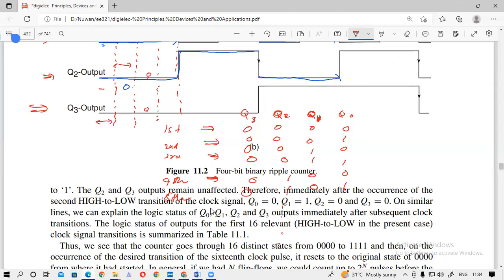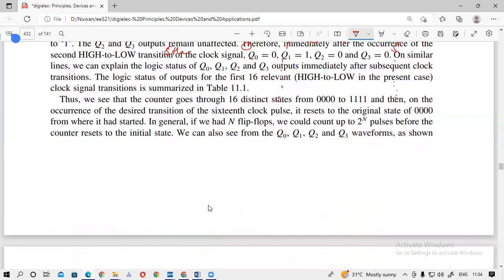Likewise, you can check. So at the first cycle you will have 0, then 1, 2, 3, 4, 5, like this. Up to which value does this happen? What is the last value?